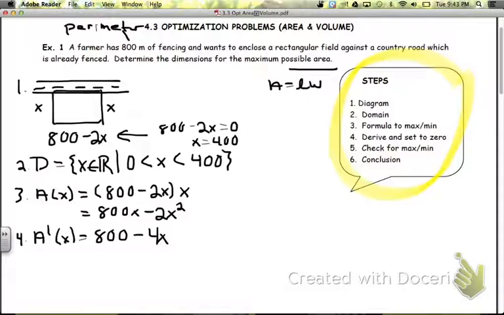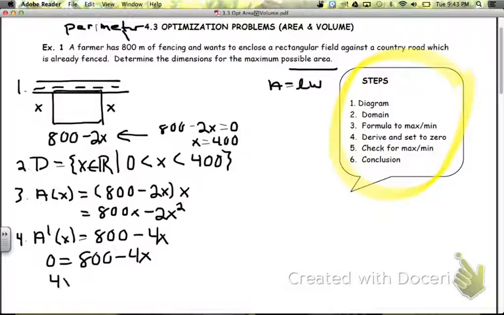Well, the reason is because this is where our tangent slope is horizontal, and where our tangent slope is horizontal, we know our max or min is going to occur because it's going to rise or decrease, and when it gets to that point, it's going to then change direction. So we set this equal to 0 and we solve for x.